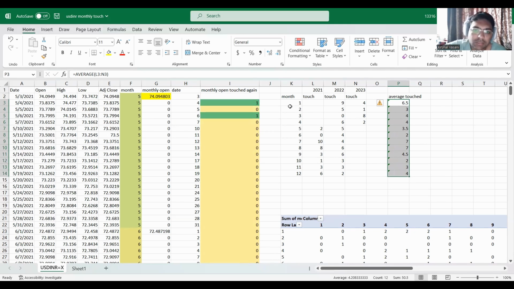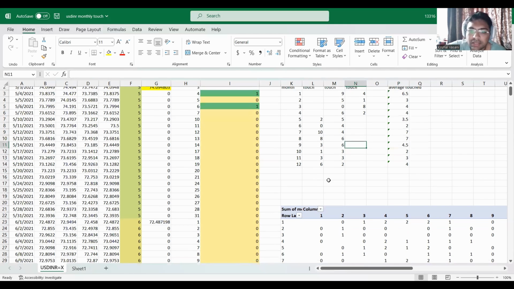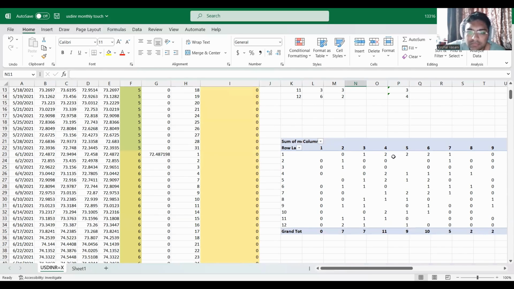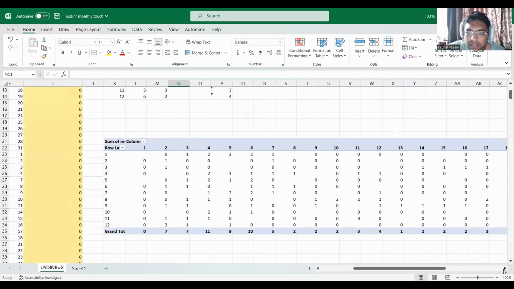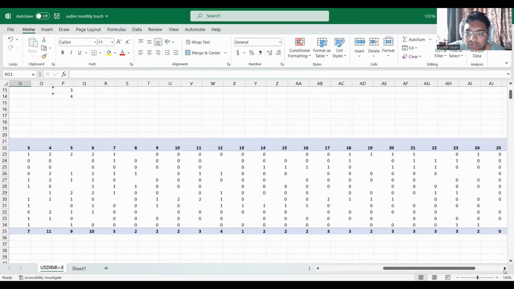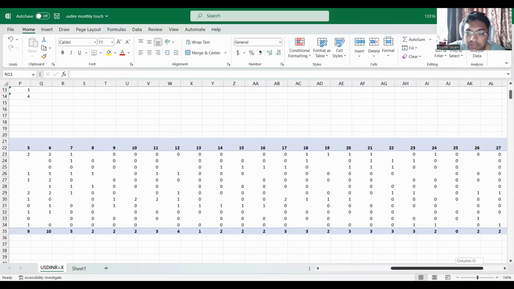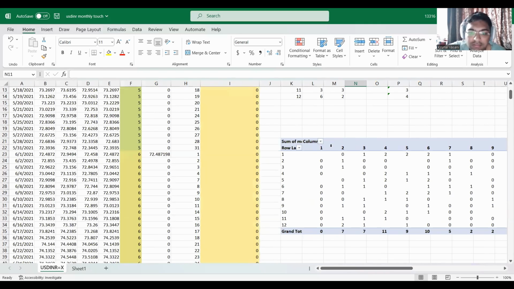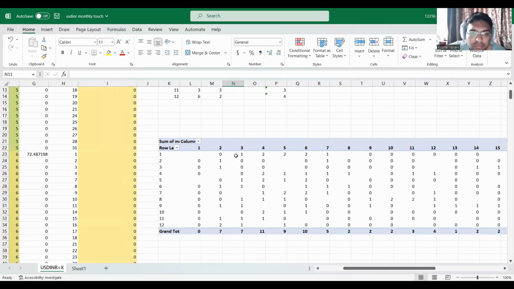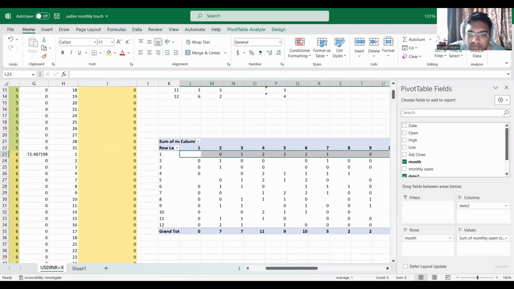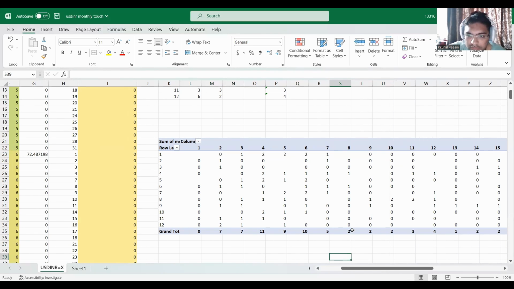I've also made a pivot table, from which we can identify how many times in the given month it has touched the monthly open, by date. So let's say from the first to the 10th date, it has touched the monthly open 8 times.